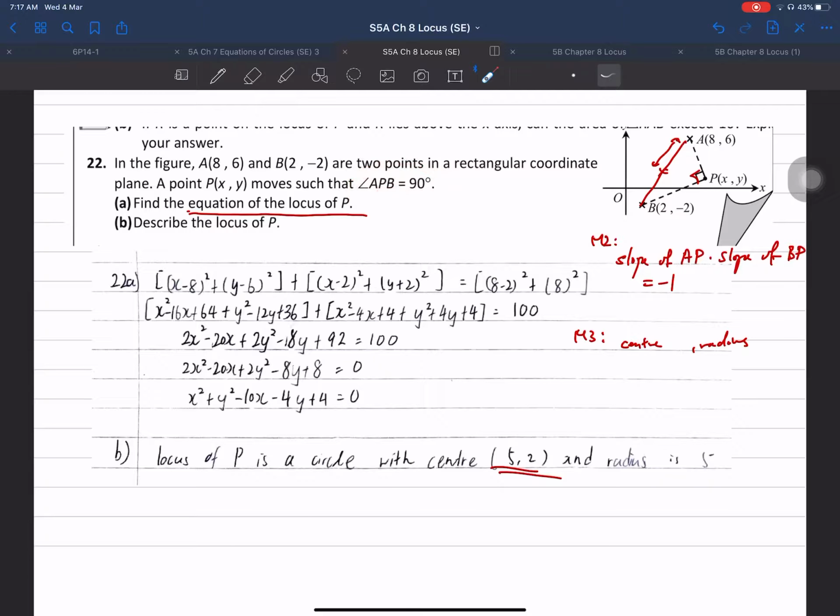So you need to point it out, excluding A and B, or except A and B. So bear in mind how to consider the given information and describe the locus. These are some important concepts you need to bear in mind. Some points are not the locus of P. You need to point it out.